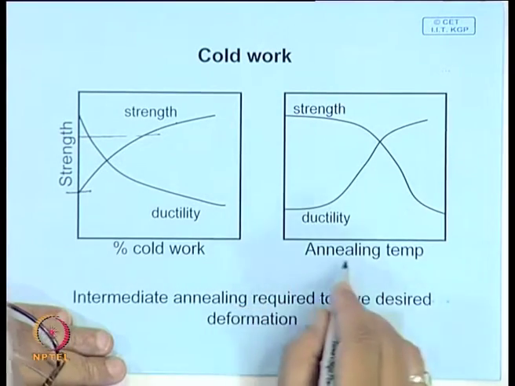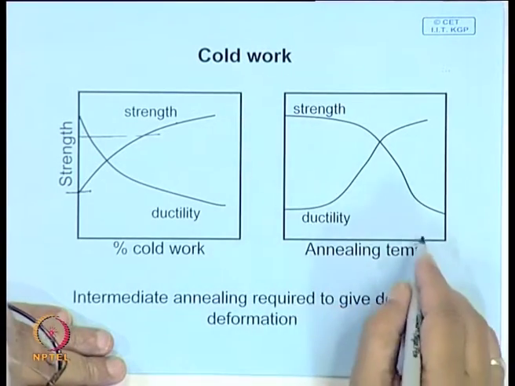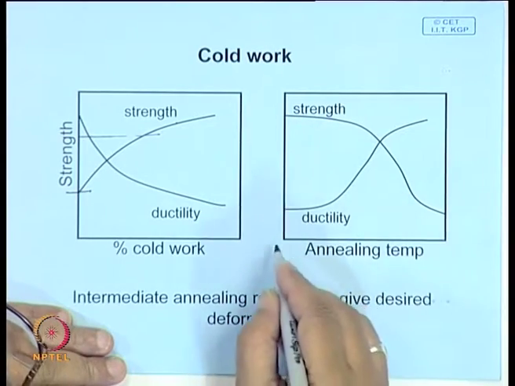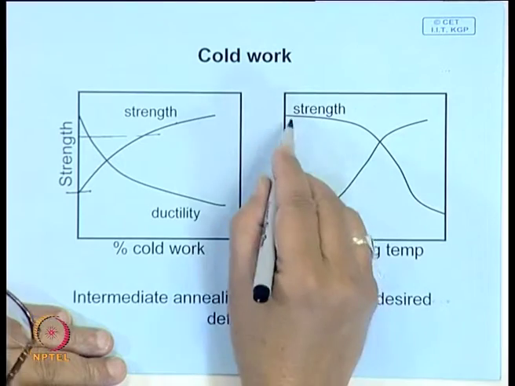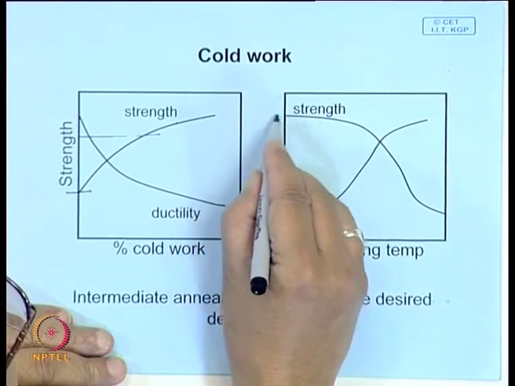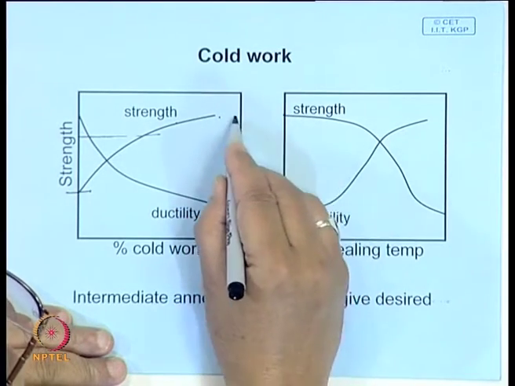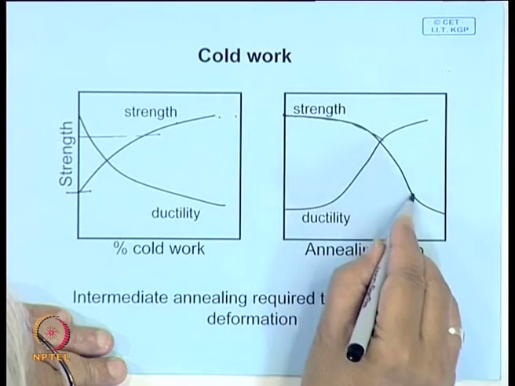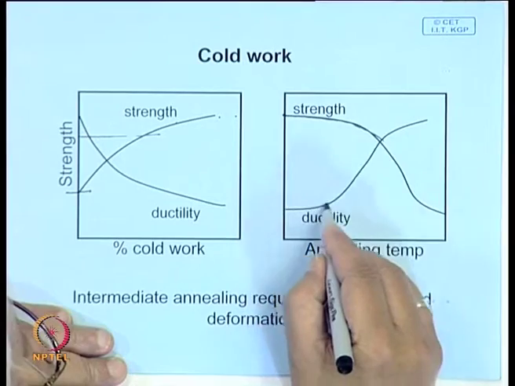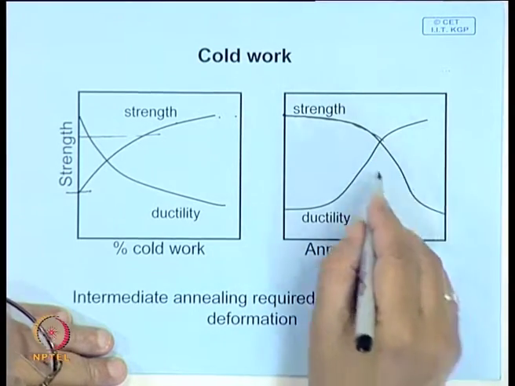And this is what is done through a process called annealing. This is the annealing temperature. If this is the strength it has gone to after cold working, when you anneal, its strength comes down and its ductility also improves.